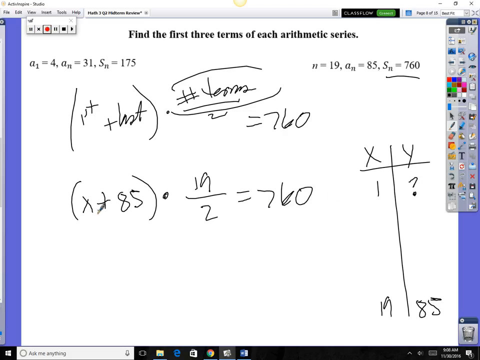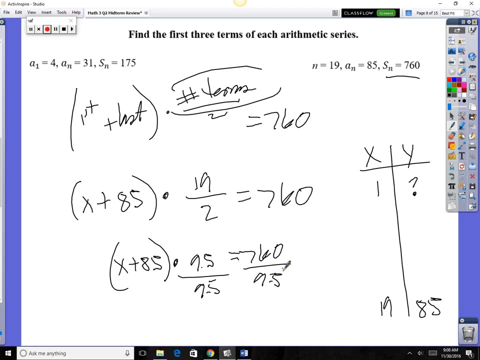So we've got x plus 85 in parentheses times 19 divided by 2. So that's like 9.5 equals 760. So solve for x. Let's undo this times first. So divide that by 9.5. Divide that by 9.5. So 760 divided by 9.5.